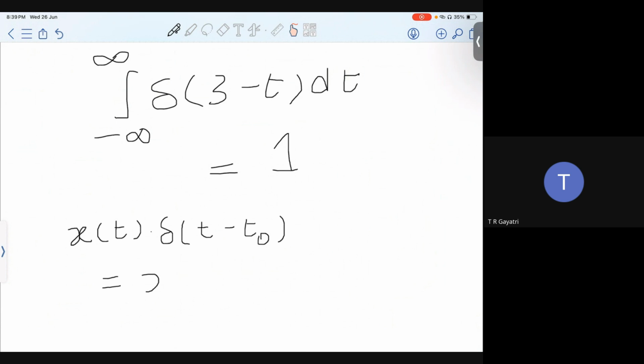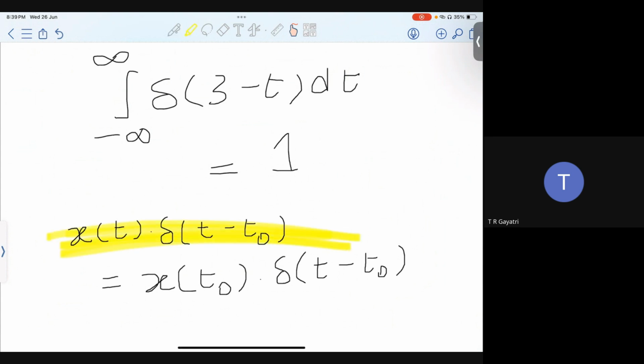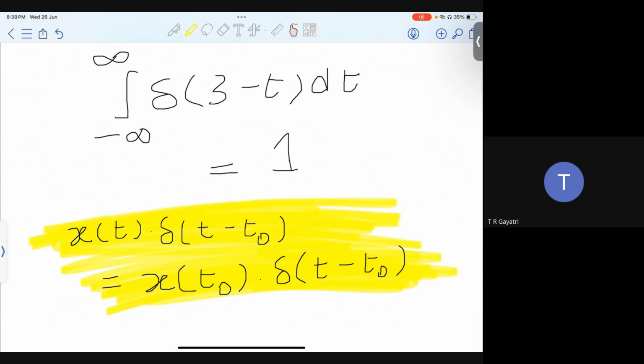This is always equal to x of t naught multiplied by delta of t minus t naught. This is another nice property. If you remember this property of the delta signal, that itself is sufficient to solve any problems on delta signals. If you want, I can explain a particular problem that I have given you in your practice example.